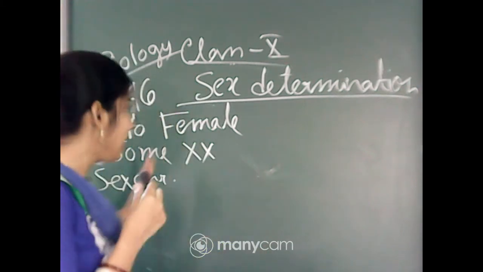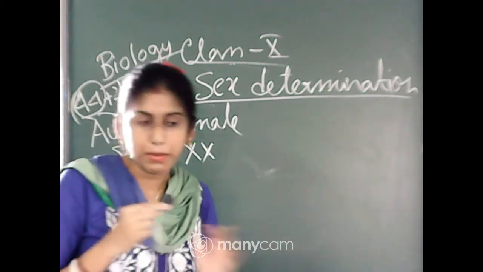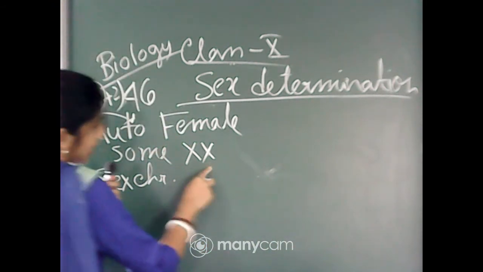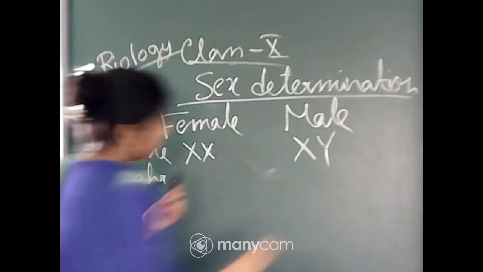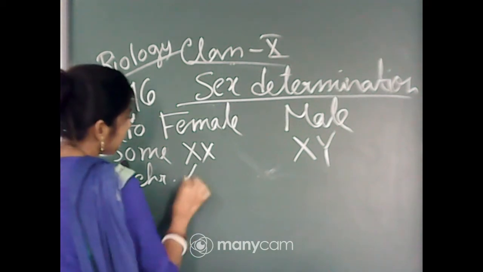This chromosome pair is different in male and female. In the female the sex chromosomes are XX, but in the male it is XY. So what gametes can be produced from this?